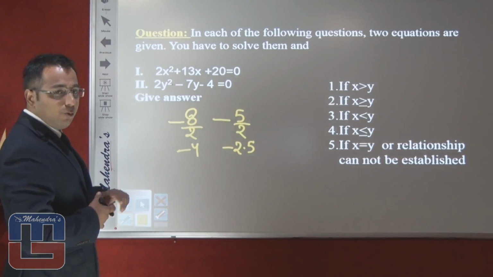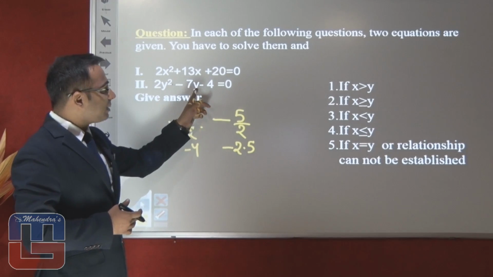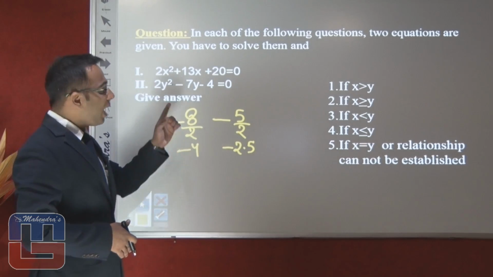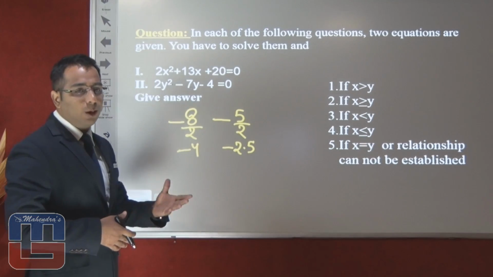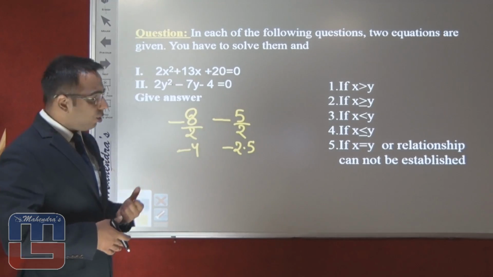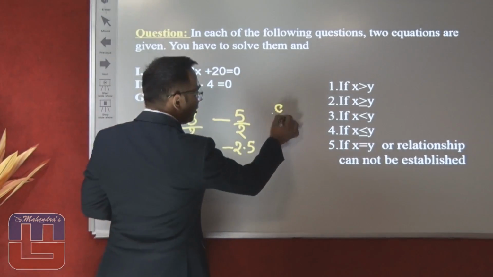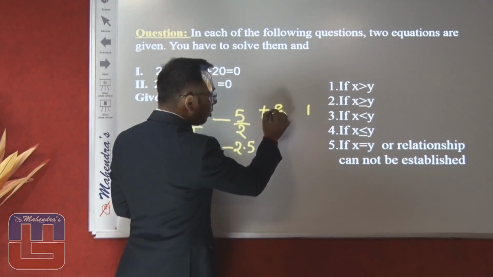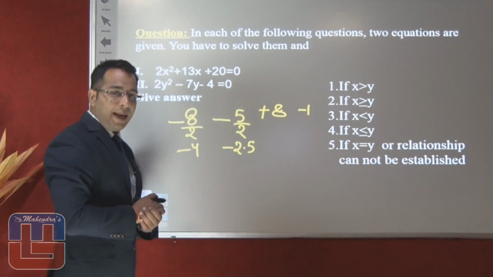Now in this equation, what we have? 2y square minus 7y minus 4. 2 into 4 is 8. We have to make the root 7. That will be 8 and 1. Minus minus. That means the greater root will be positive, the smaller root will be negative.